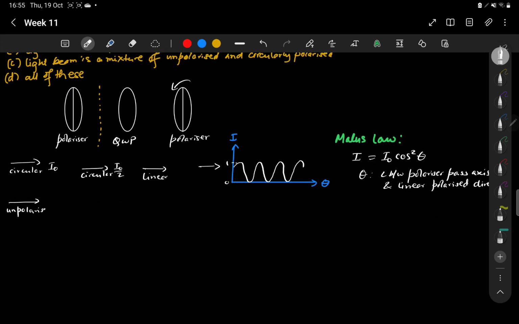So if I send in unpolarized light, then after the polarizer also it is unpolarized. So if it is I naught here, it is I naught by 2 here, and again we will not see any variation in intensity. So after the quarter wave plate, again it is unpolarized only, and after the polarizer, if it is I1 here, then it becomes I1 by 2.